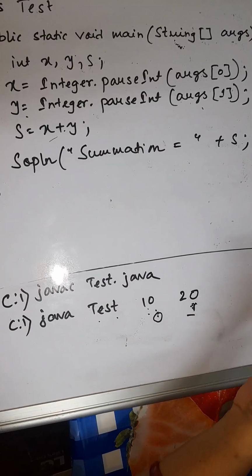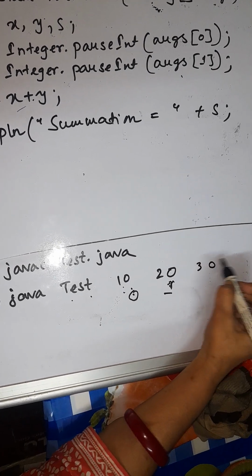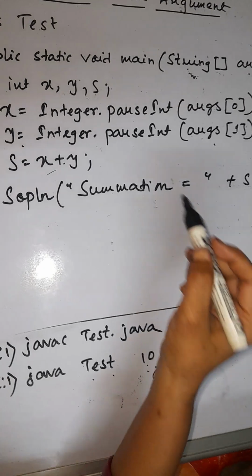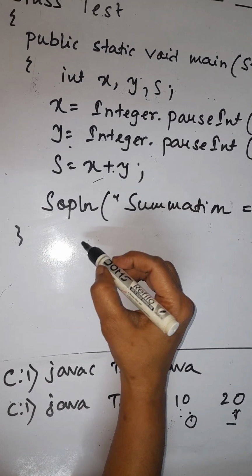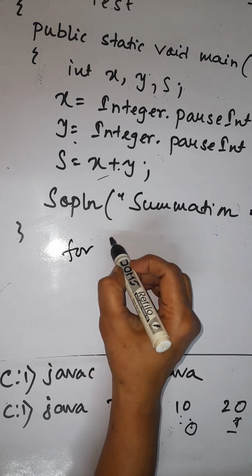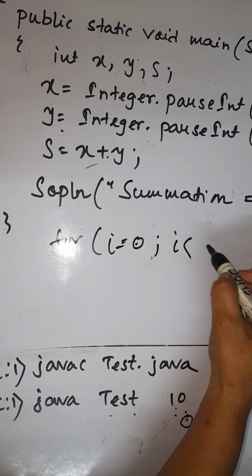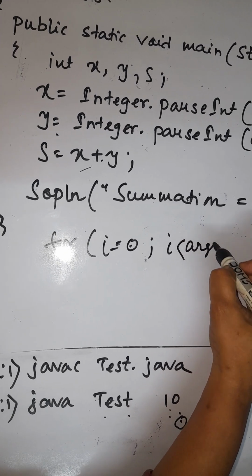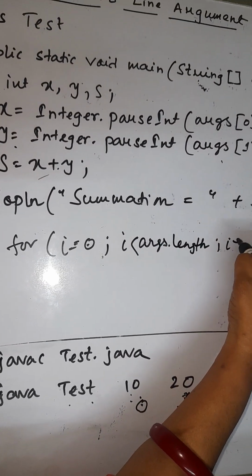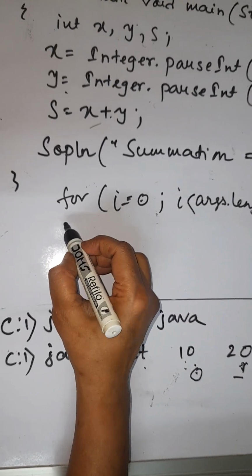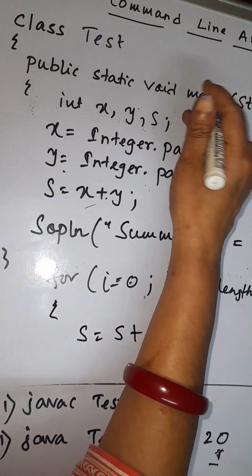And if you want to do the summation of more than two values, maybe 30, 40, then better you execute this program using your loop. Same thing we already learned: I equal to 0. How will we know how many arguments will be passed? You can use args dot length, and then I plus plus, and then you do the summation. How to do? s equal to s plus, what will be the s?